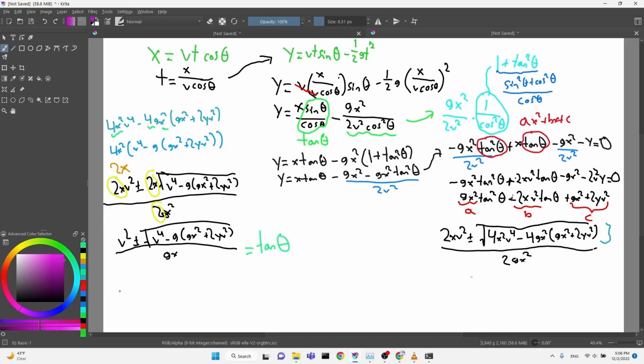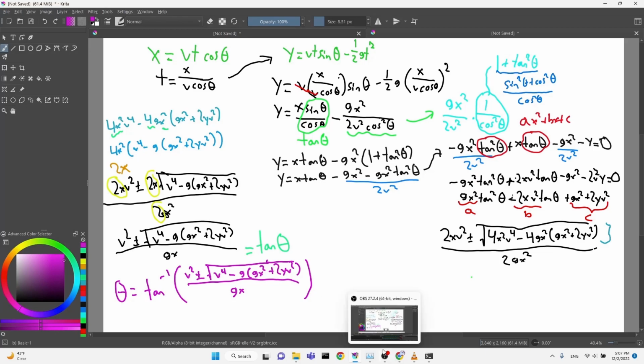We are left with theta equals the arctangent of v squared plus or minus the square root of v to the fourth minus g times gx squared plus 2yv squared, all over gx, in parentheses. Ooh, that is our angle.